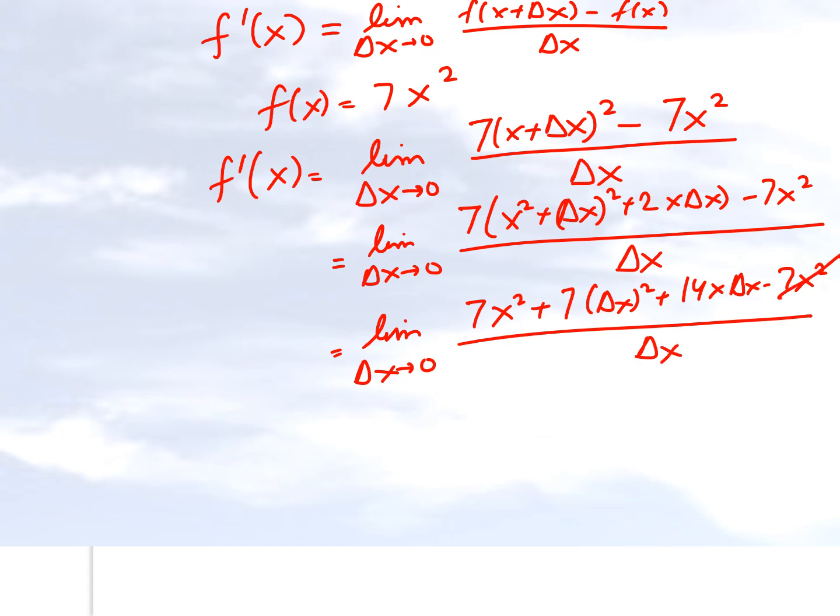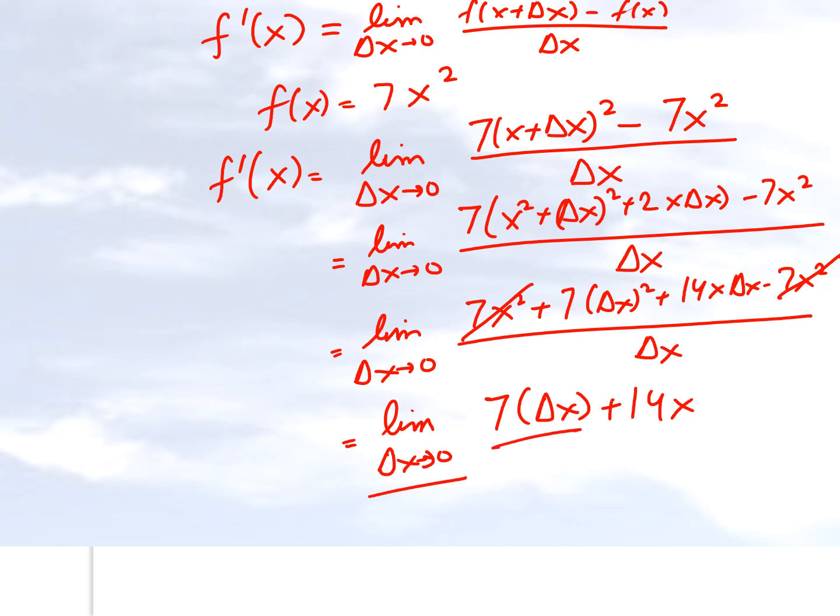And from here, you can see the 7x squared cancels with this one. So if I take the limit as delta x approaches 0 here, this is 7 delta x squared divided by delta x, that's 7 times delta x. This is 14x delta x divided by delta x, that gives 14x. And as you can see, as delta x approaches 0, this quantity is going to approach 0, and this quantity is going to approach 14x. And that's where we get the 14x from.